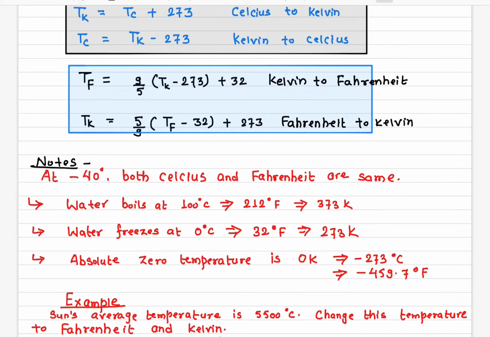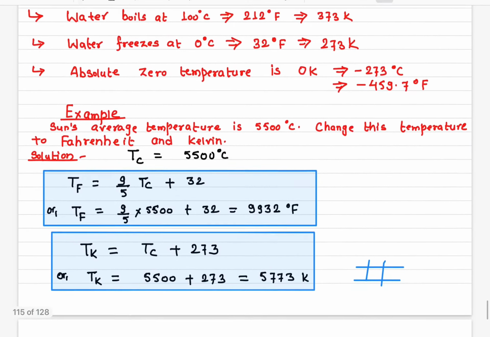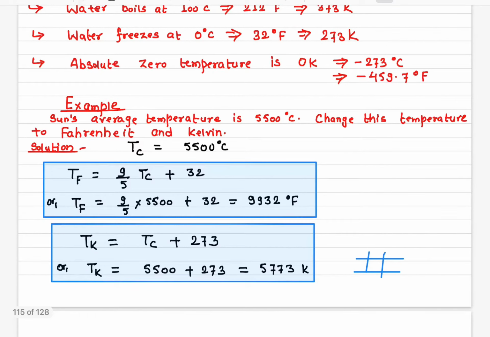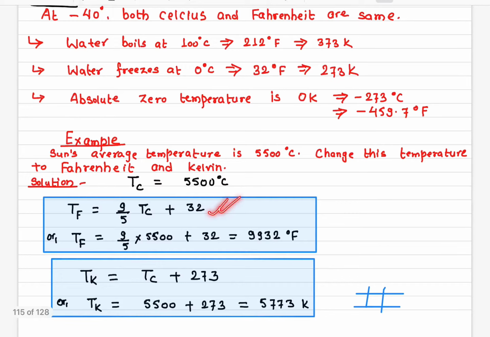In order to change from one unit to another, I will demonstrate one example. The sun's average surface temperature is 5500 degrees Celsius. If I ask you to change this temperature to Fahrenheit and Kelvin, how are you going to do that? We change from Celsius to Fahrenheit using this equation.